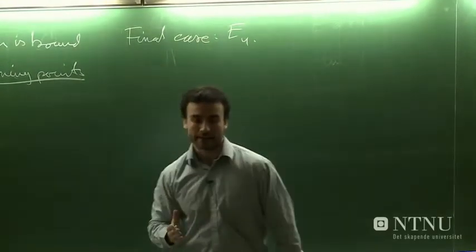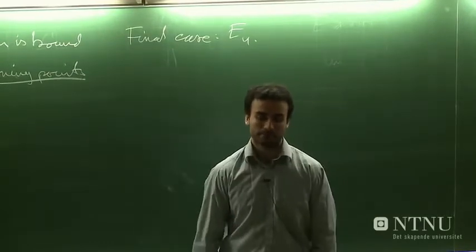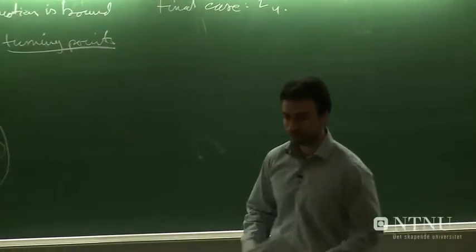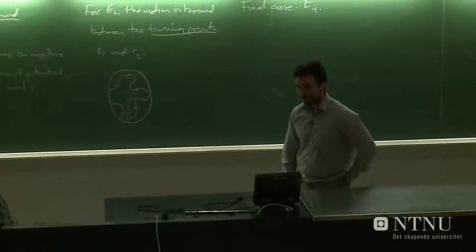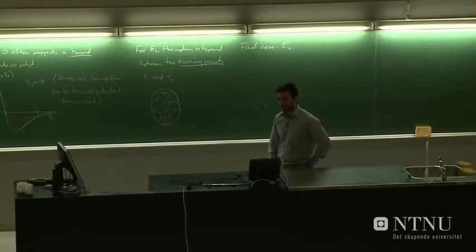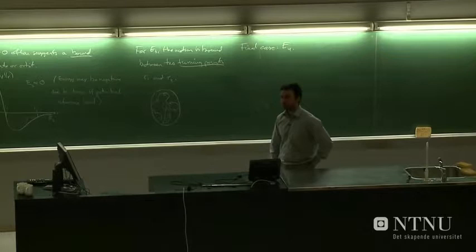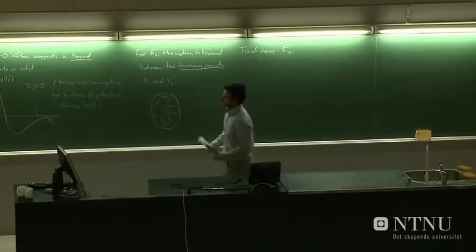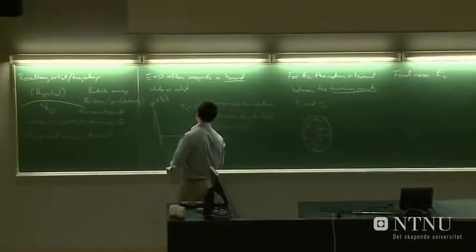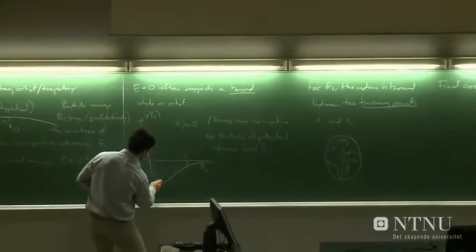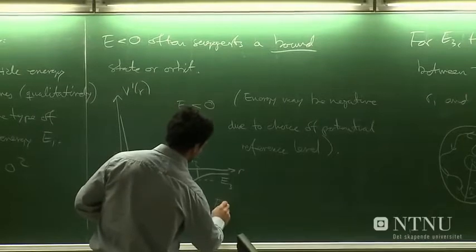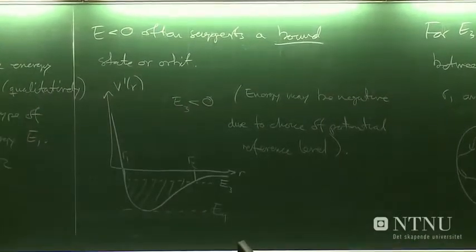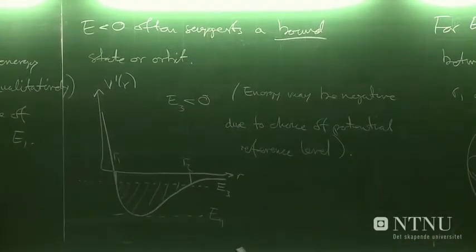I have one final case, which, yes, sorry. If you have the energy at the perfect bottom of the V(r) graph, you see that both the r's would be exactly the same, and so that will be the circular orbit. That would be the circular. So the final case I wanted to consider is when E4 is actually at the bottom, as you say.